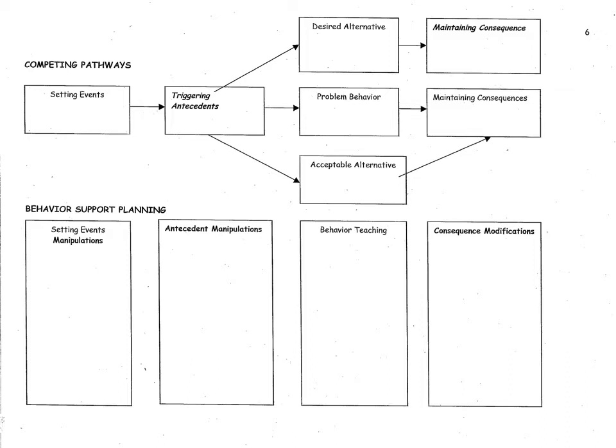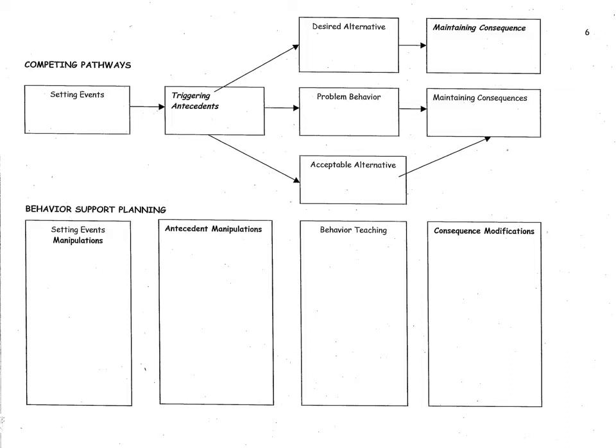So when the student sees that antecedent, if the student completes this alternate behavior, the student must be able to get the same consequence as the problem behavior. But this one must be socially appropriate behavior.